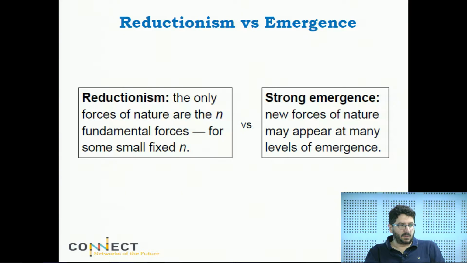The people that believe in strong emergence think that we are just missing maybe other forces just because we don't look at the right scale. So it could be actually that there are new laws, and you just have to basically study it with the emergence lens and study it at the right level of abstraction.